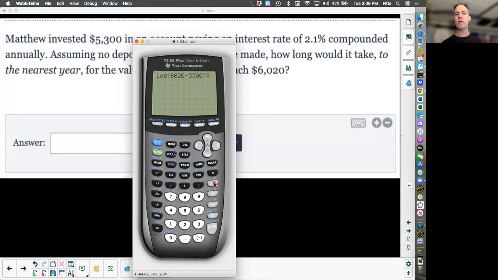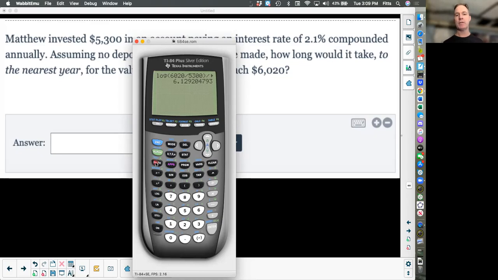Close my parentheses. And then I can divide that whole thing by the log of 1.021. Whoops, I forgot to hit log. Log of 1.021. Close my parentheses, enter. And you get 6.123.